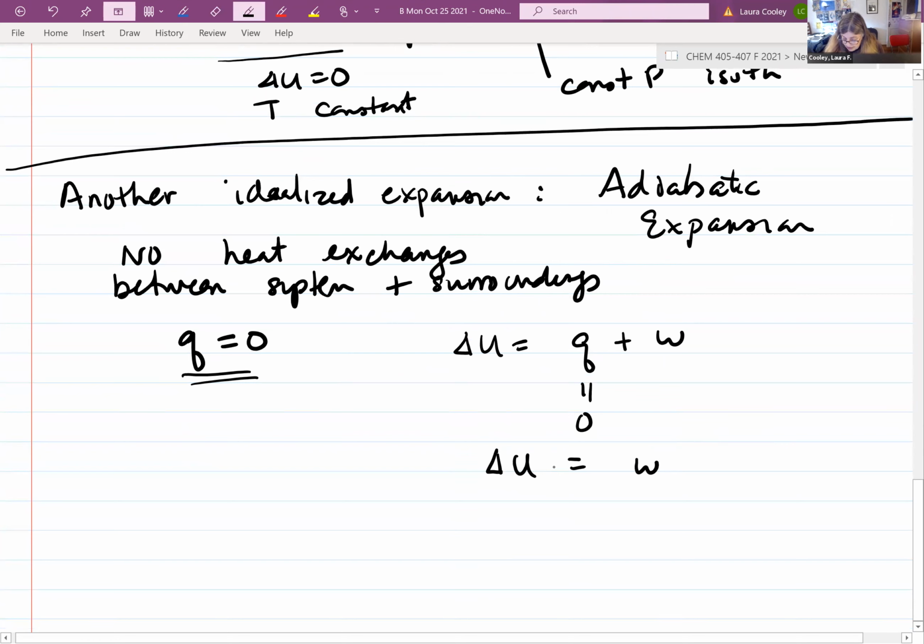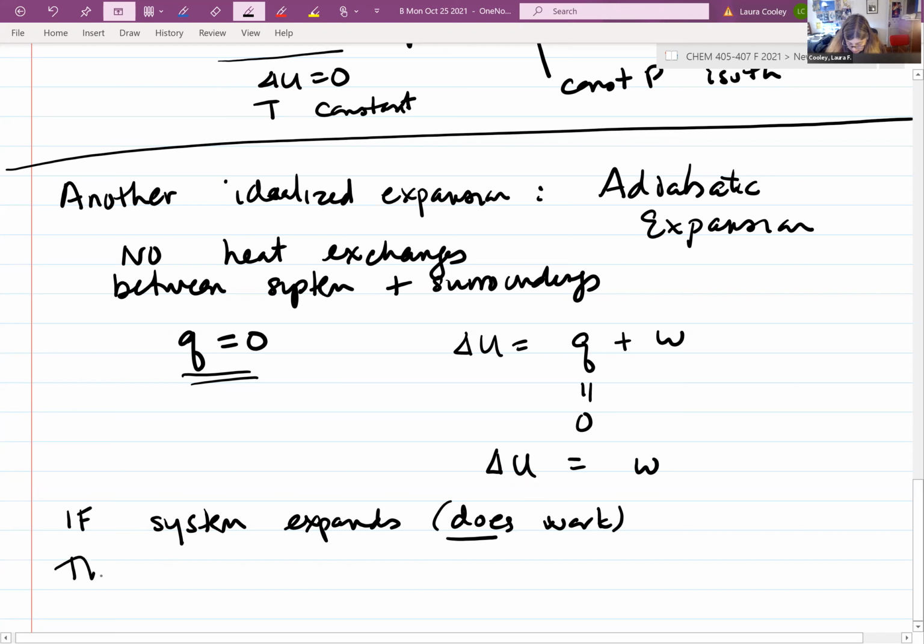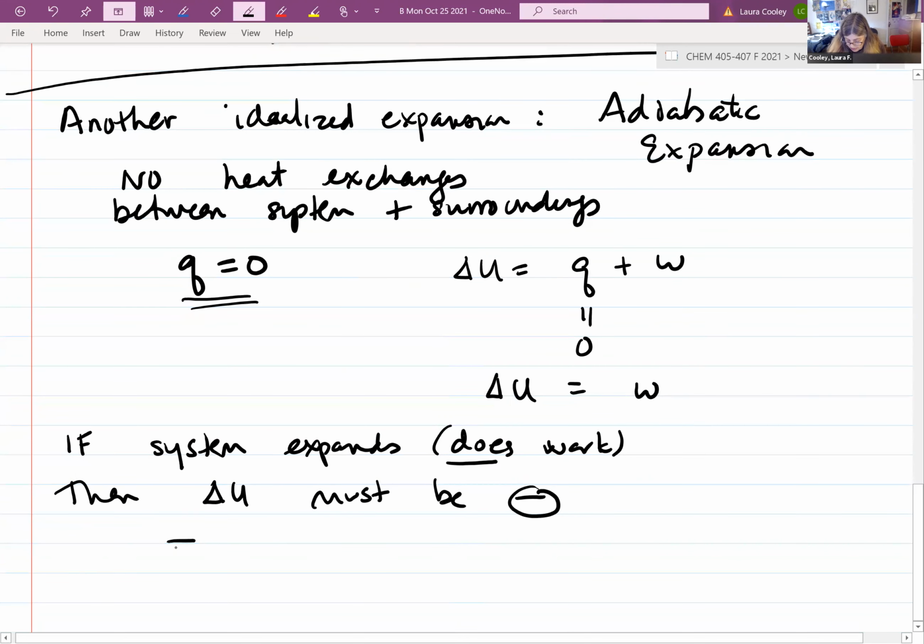So that means that if the system expands and it does work, then the delta U must be negative, which in turn implies that the internal energy drops. What does that mean? If we're talking about an ideal gas, what does that mean for the temperature?